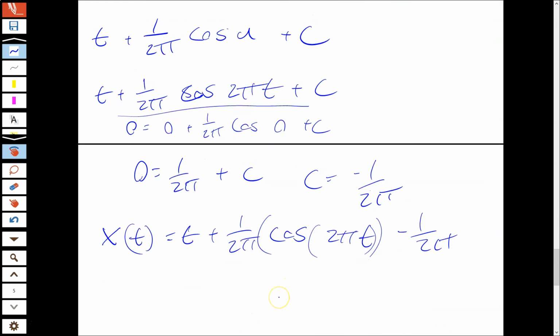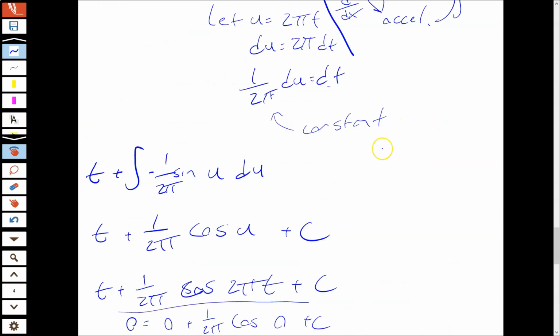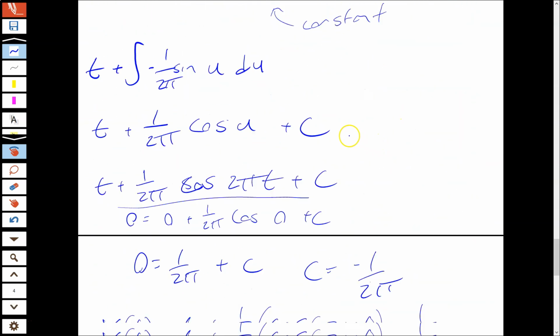And that's my position function. This is about as spicy as these problems can get on the no calculator section of the AP exam. So this is like the hardest integral you might have to solve by hand, I think, and we just did it. We do have one more question left, so this was the solution to number 6.